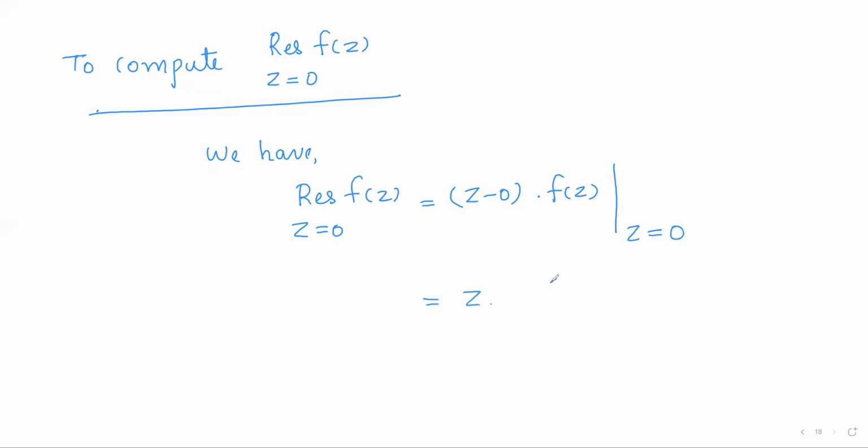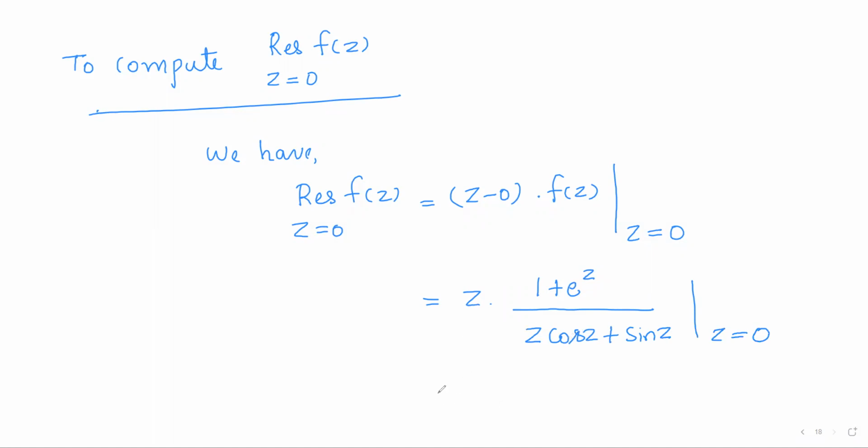So z into f of z. So what is f of z? f of z is 1 plus e to the power z divided by z into cos z plus sin z. Now we can't directly put z is equal to 0 here. If we put z is equal to 0, then it takes the indefinite or undetermined form.